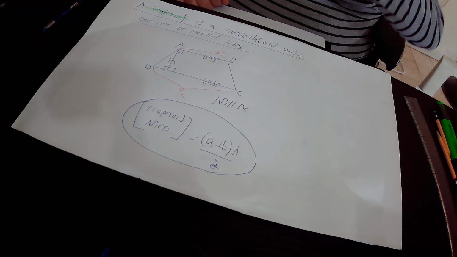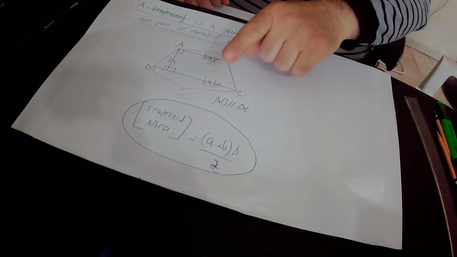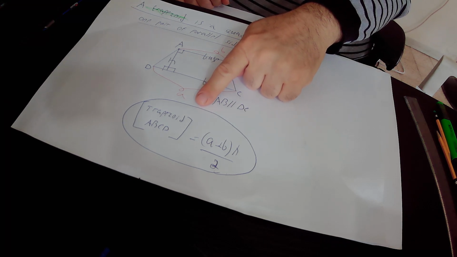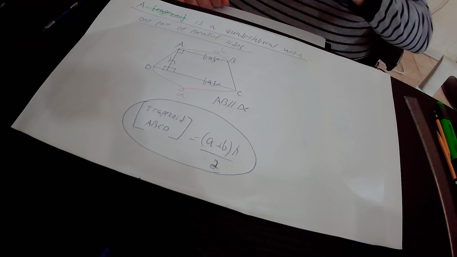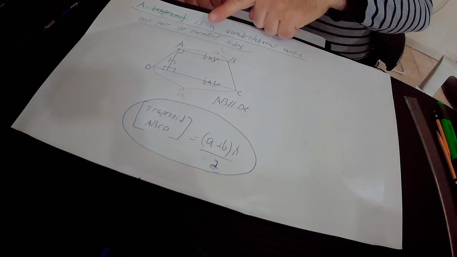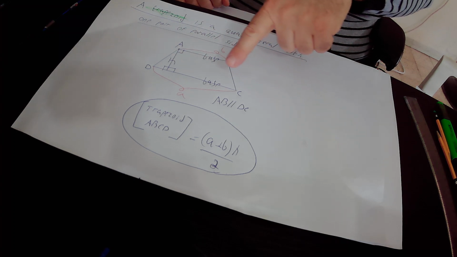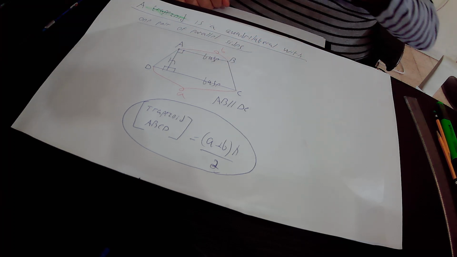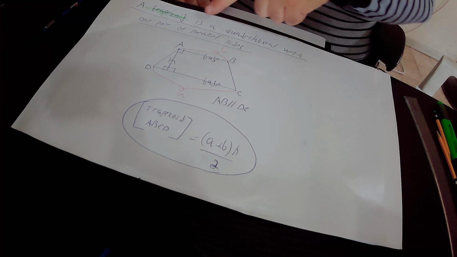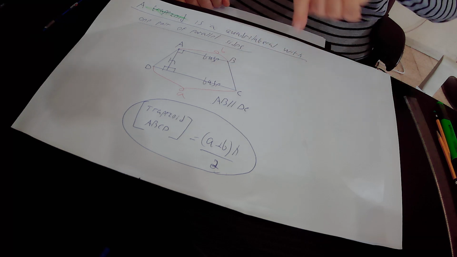And the area of a trapezoid: the area of this trapezoid ABCD equals the sum of its two bases. Side AB equals B, side DC equals A, and the two bases are the two parallel sides, that is to say AB and DC.